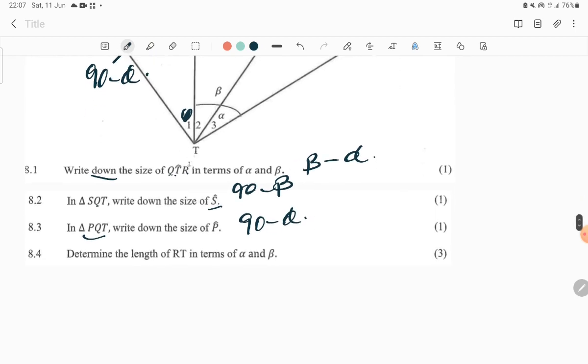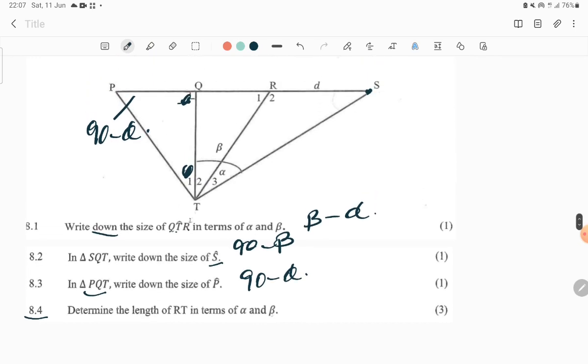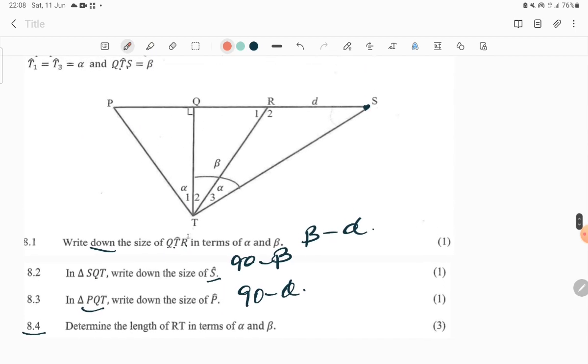Okay, now coming to 8.4, determine the length of TR or RT in terms of alpha and beta. So we are determining the length of TR in terms of alpha and beta. So what do we do? When you have diagrams like this, just remember the rules: sine rule, cosine rule, and area rule.